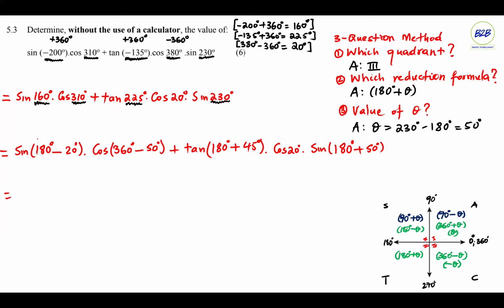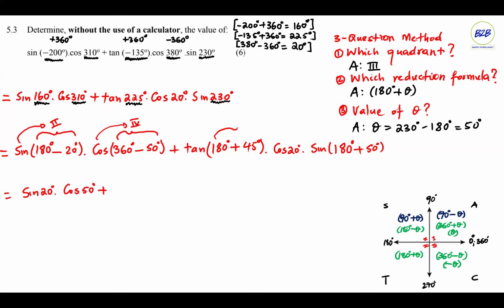So then we say, okay, this is the second quadrant, and sine is positive in the second quadrant. So we have sine 20 degrees. This is the fourth quadrant, therefore cos is positive in the fourth quadrant.